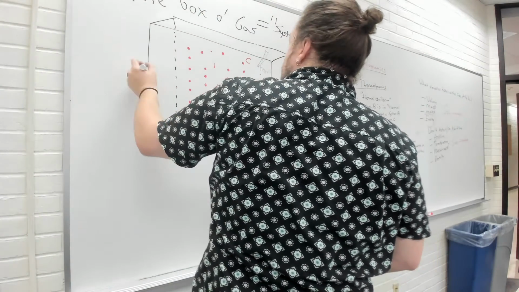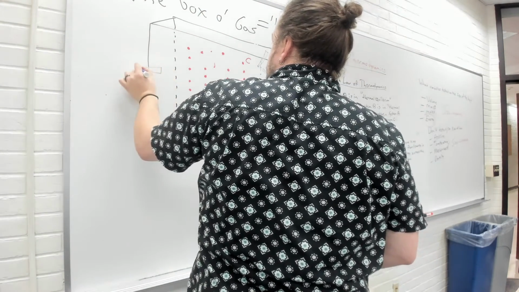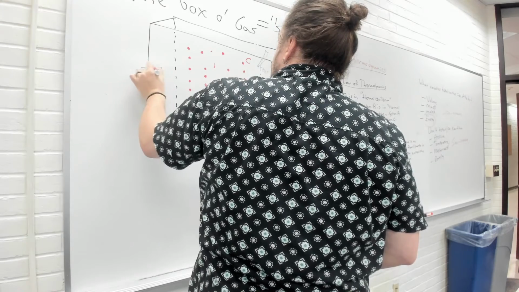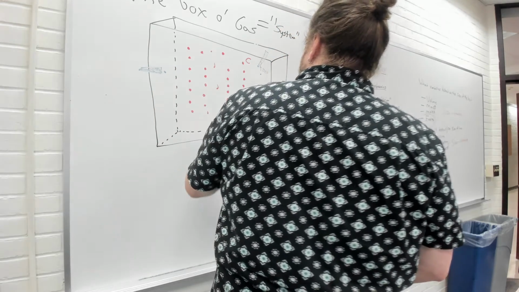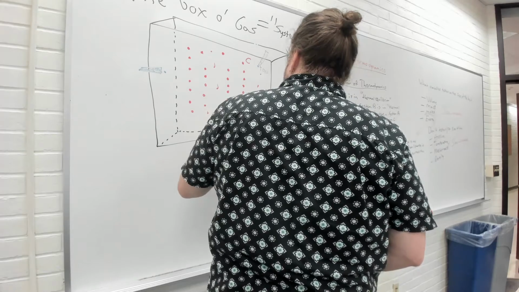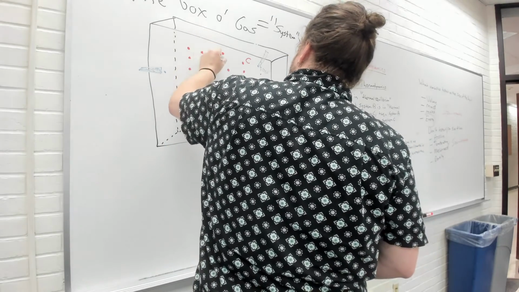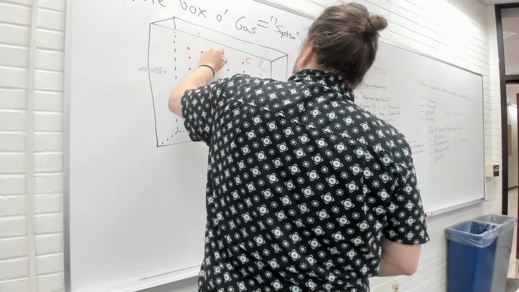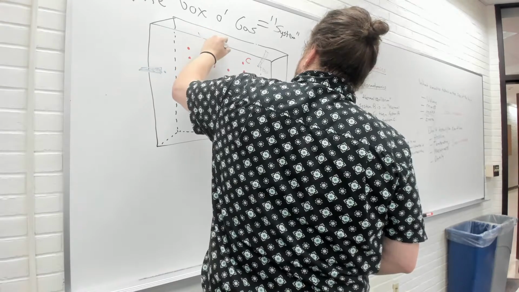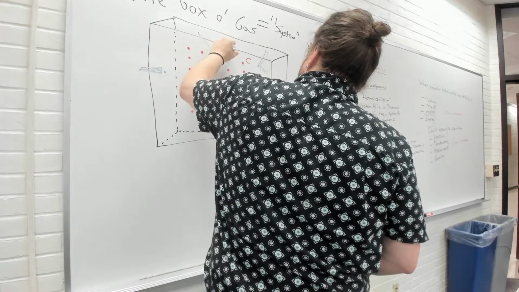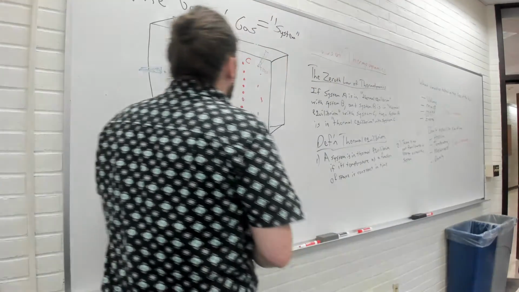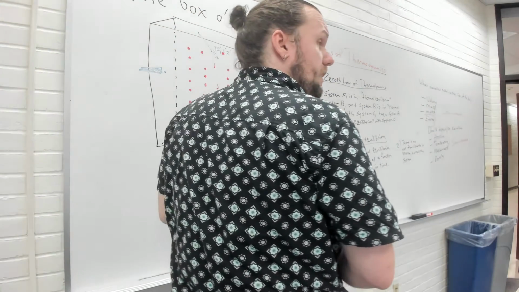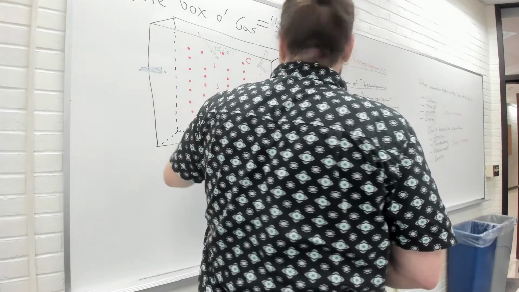We stick it in, and now we put one over here, one right there, and maybe one right there. We'll measure it at every different point in space. And the system, this box, is in thermal equilibrium if we read the same temperature at every point.